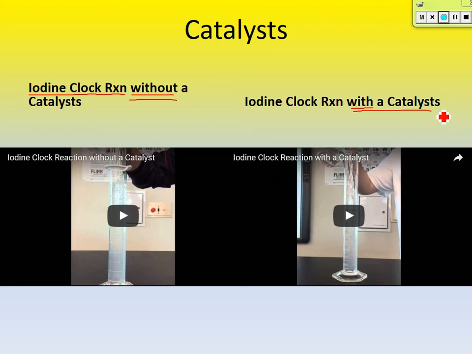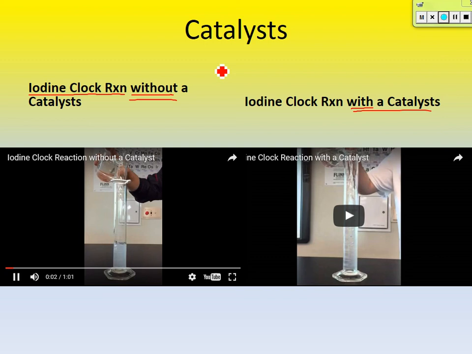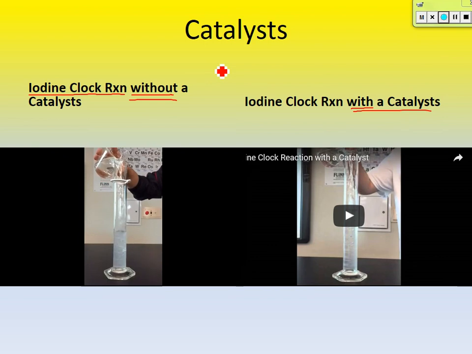That one. Which is which one? You're predicting that the one with the catalyst will occur faster, and that's right. Now let's watch and see how much faster. Okay, now he's going to pour these solutions together, and then it goes to slow-mo, so it takes a while.